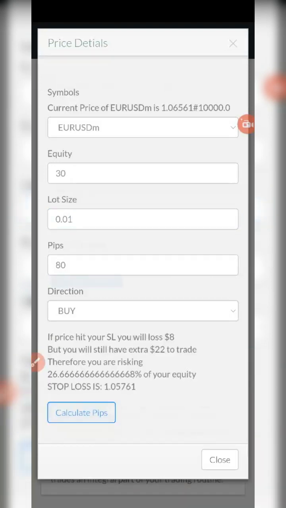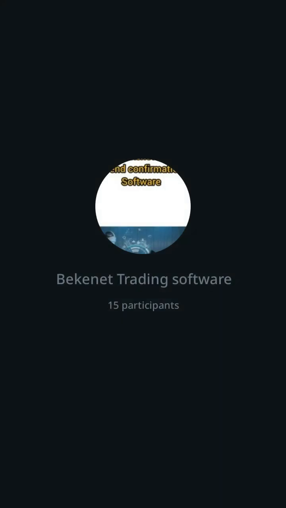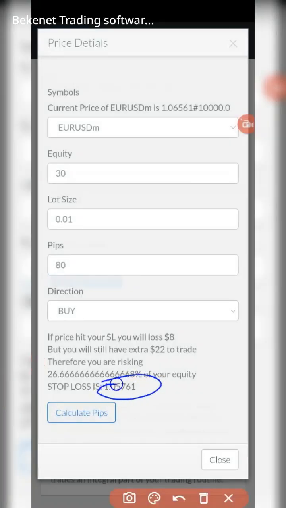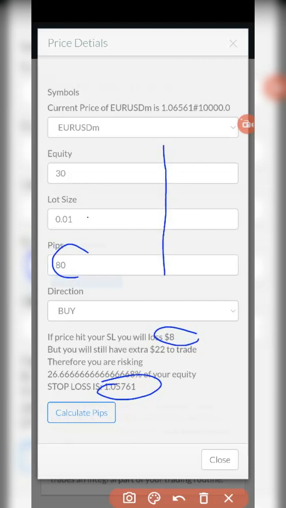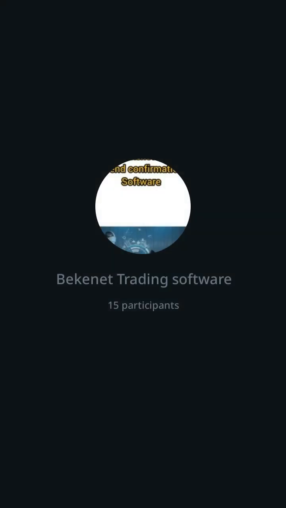Just know the numbers you're risking. Look at it. It will give you the stop loss here. Even if it's not correct, so long as you know you are risking just $8 and the number of pips, all you need to do is go to your MT5 and drag your stop loss down to 80 pips. You still get the same figure. Simple. This is just to help you calculate.